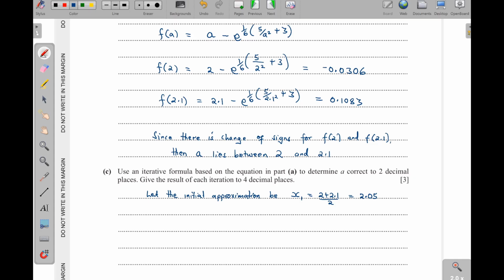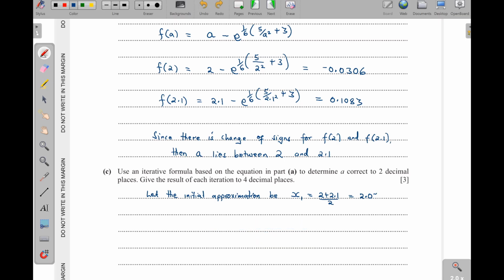It doesn't matter which one you begin with. You can even say your initial approximation is that one. But if the root is in between those two values, the one in the middle is nearer to the root, so it saves your time.